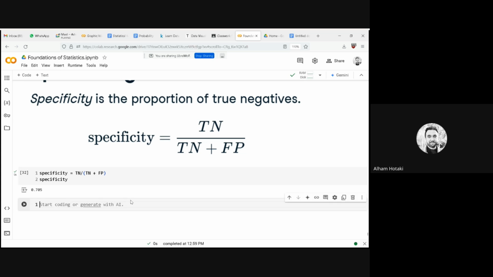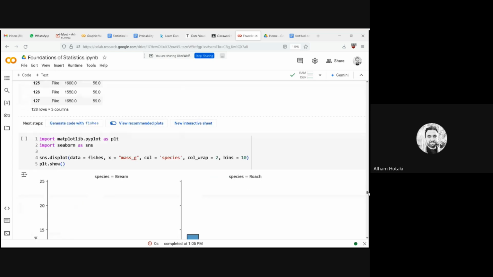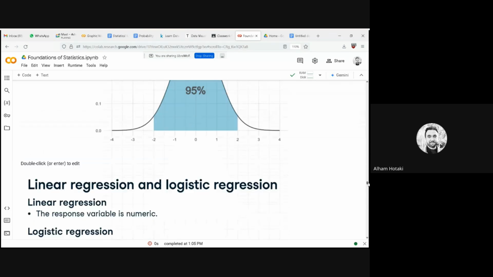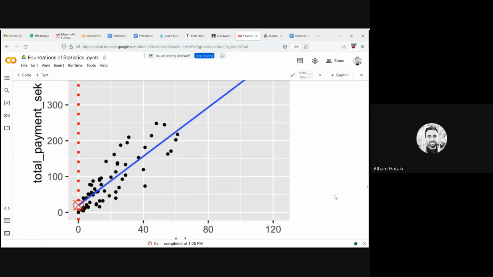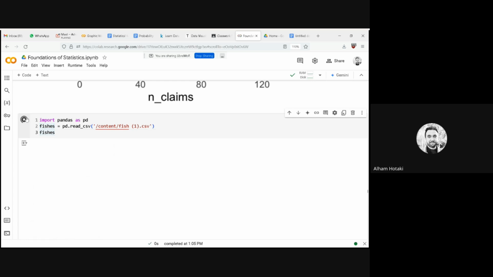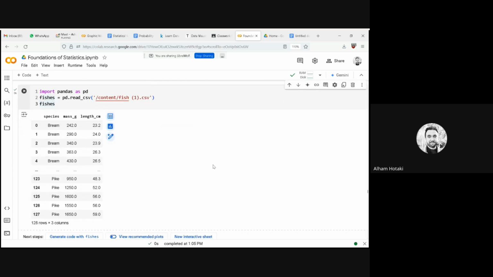Let's call that data set, see if that's already there. It is not there. Okay, let me go back and see where we call the fishes. Okay, this is the fish data set. We have species, mass, and length in that data set.